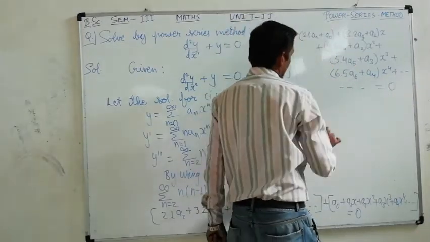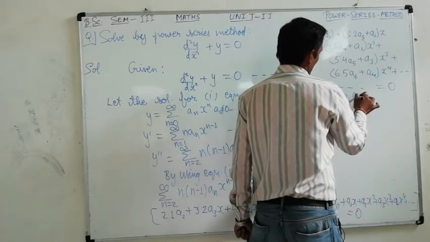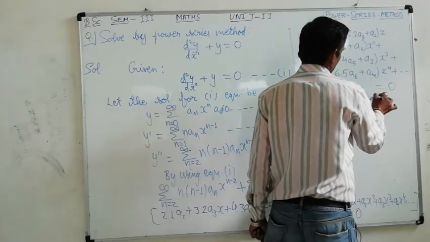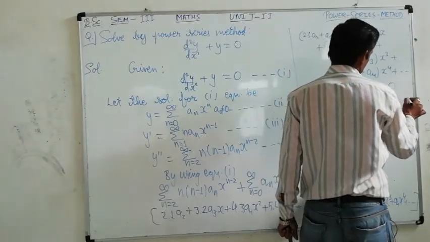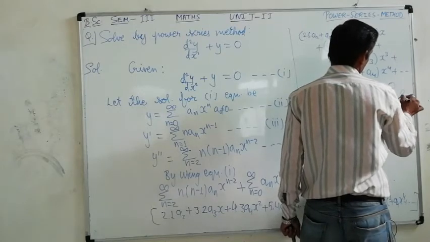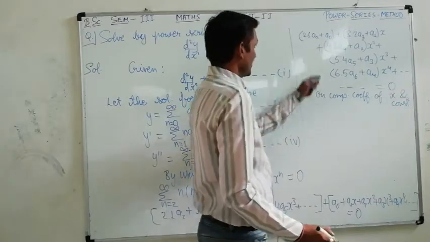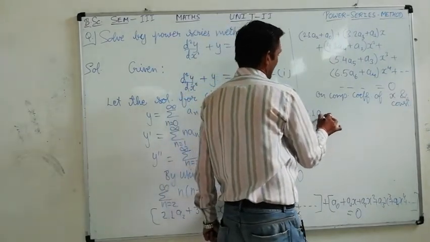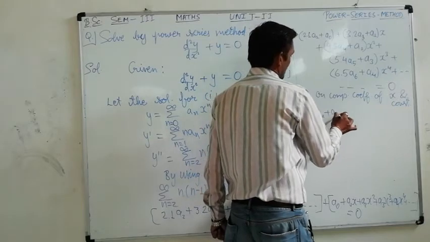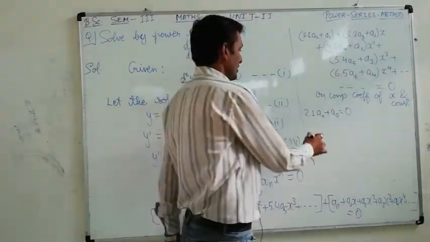So, on comparing coefficients of x and constant, first of all let us consider constant. So, 2 into 1 a2 plus a0 is equal to 0 because in RHS it is 0 only.